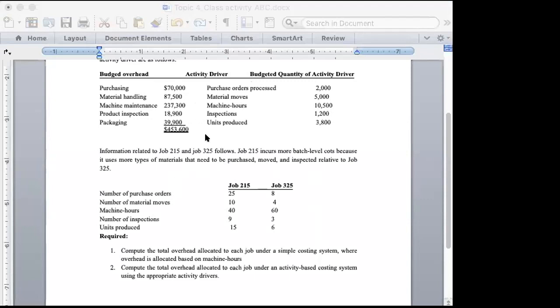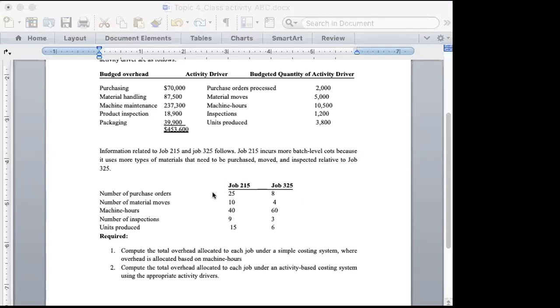How are you going to apply? Whatever number you got, like 70,000 divided by 2,000, which is $35 per order. So multiply 35 by 8 and you get a number. Same thing for the others.